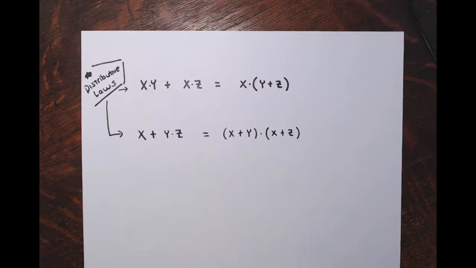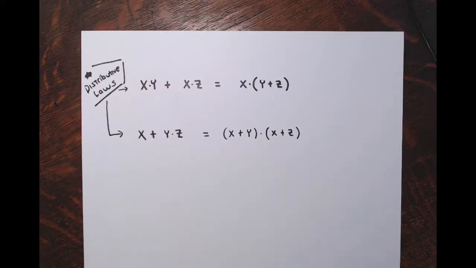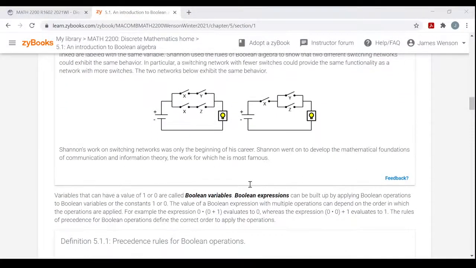It just looks weirder with the addition and multiplication because of how you were raised in regular algebra class. But this is Boolean algebra, so things are going to be a little different. If you remember your propositional logic and your set stuff, this should be exactly the same. We'll talk about showing that two expressions are equivalent later in this section.